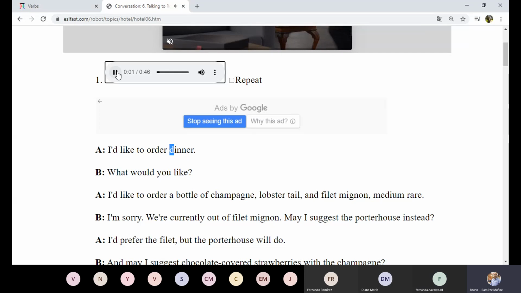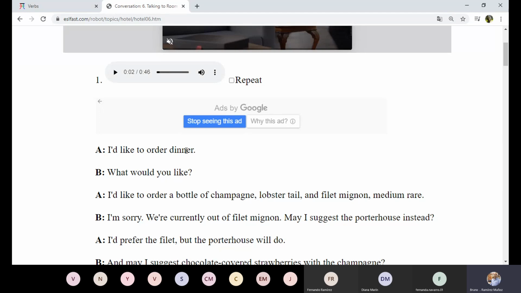I'd like to order dinner. If you focus on the last word. What would you like? I'd like to order dinner. This sounds like a general American speaker, so there's some rhoticity here. Dinner, right? I'd like to order dinner. So I should count this final r, right? Because the dialect that this speaker is using is rhotic. It has an r at the end.